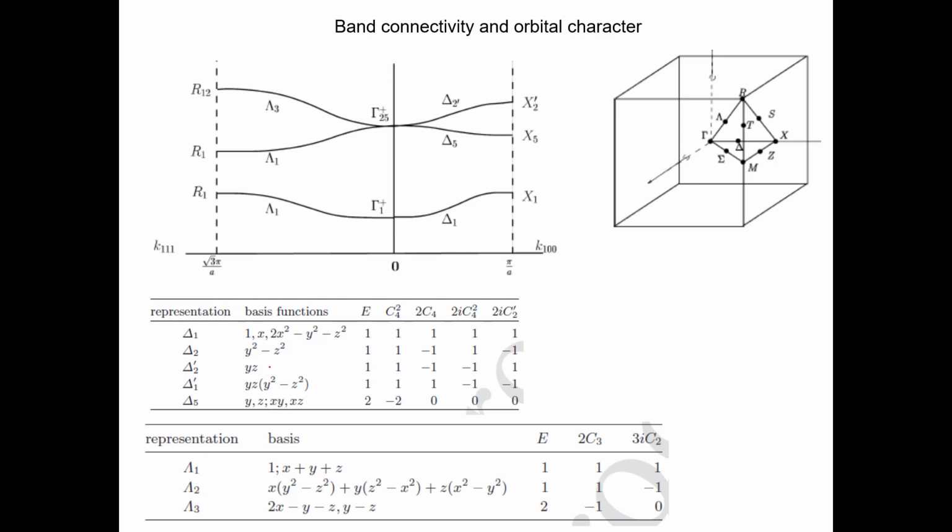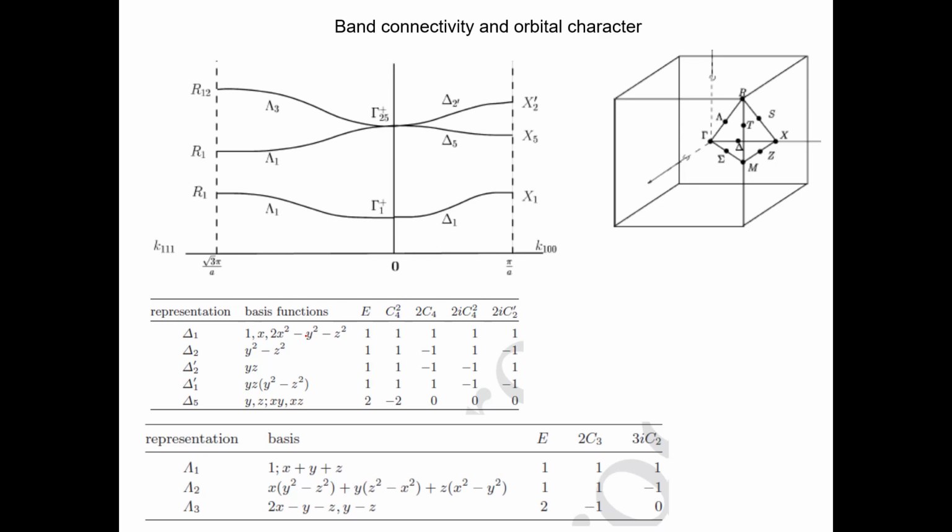S orbitals are constants like 1, P orbitals are x, y, and z, and D orbitals are quadratic functions, right? And this is interesting because this is telling us already something about the atomic nature or the orbital character of different band states.